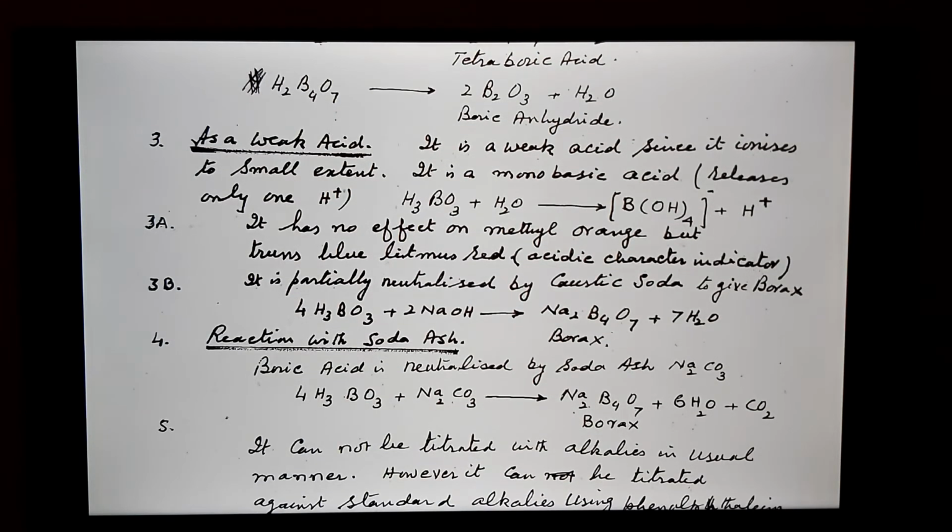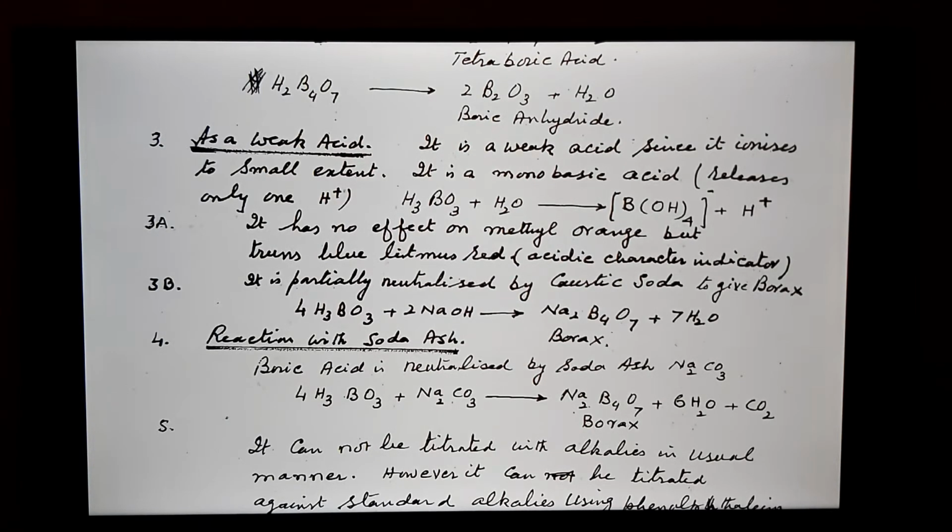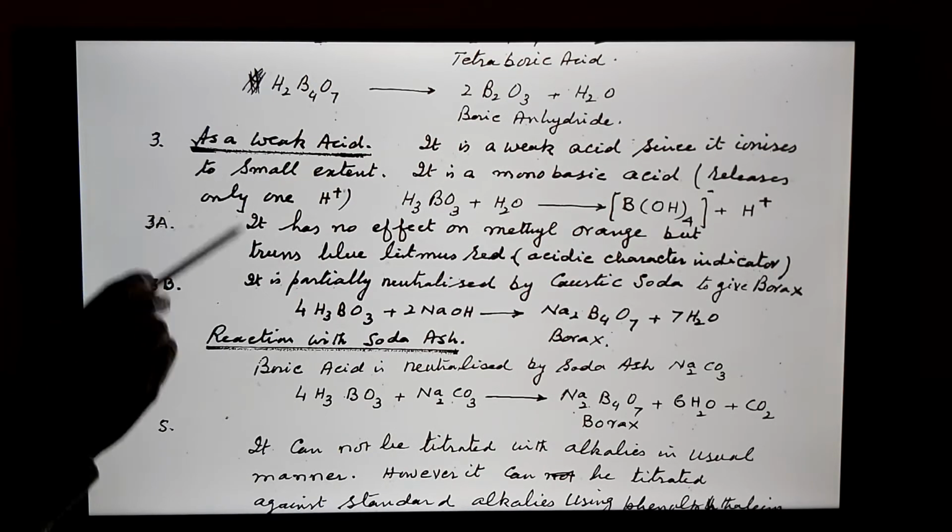Then, orthoboric acid is a very weak acid. The strength of an acid depends on the number of hydrogen ions produced. Those acids which produce a large number of hydrogen ions are considered strong acids, while those acids which produce very few hydrogen ions are called weak acids.